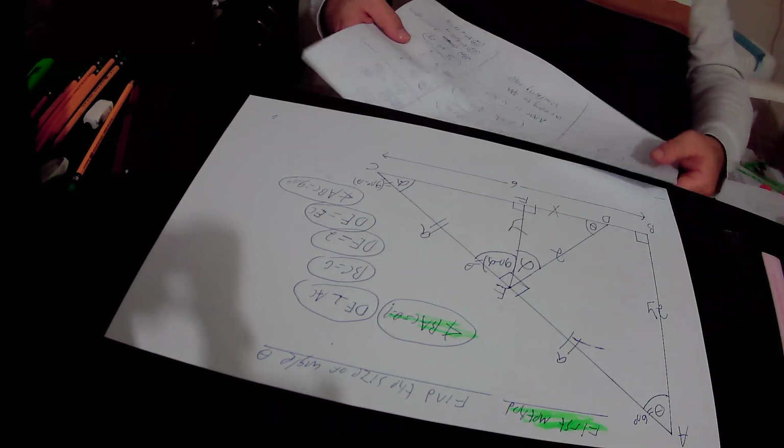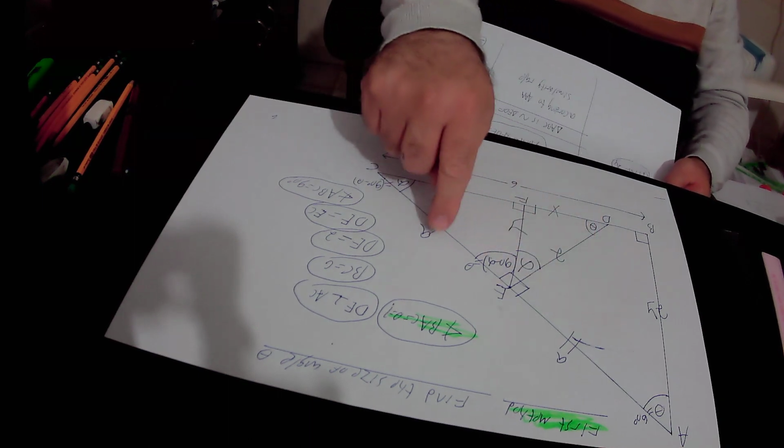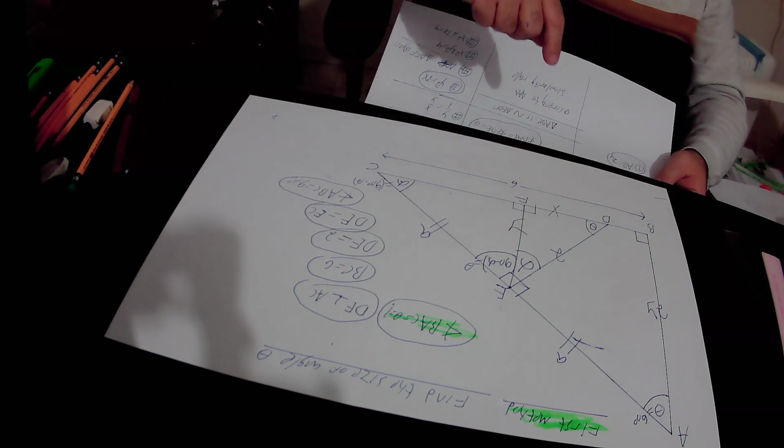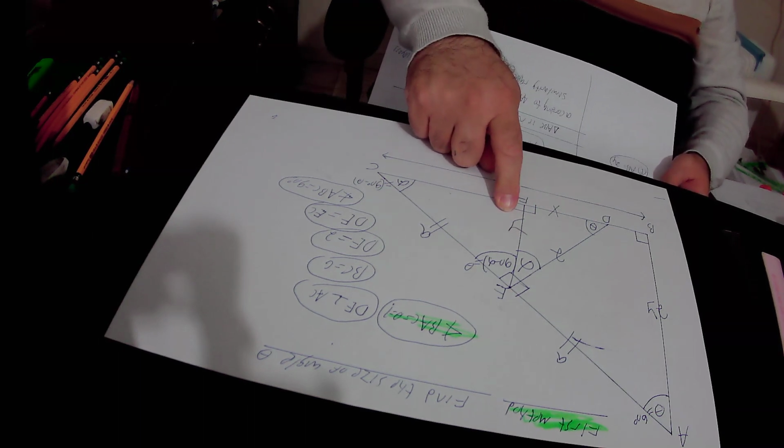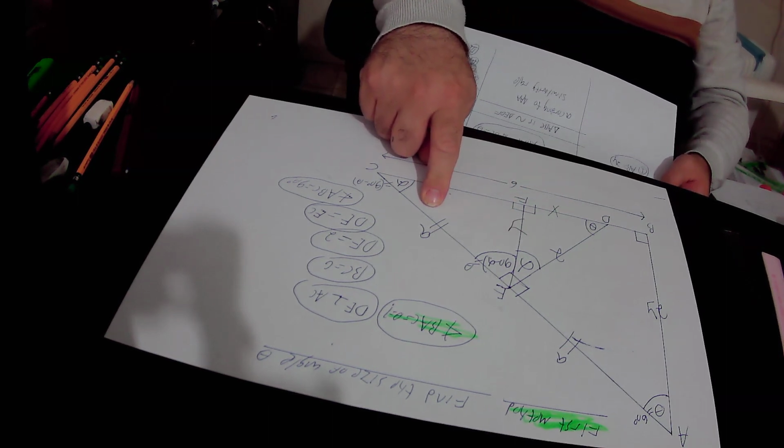AB is AB. AC equals A plus A, that is to say AC equals 2A. EF equals Y according to our definition. And FC equals A, according to our definition also.